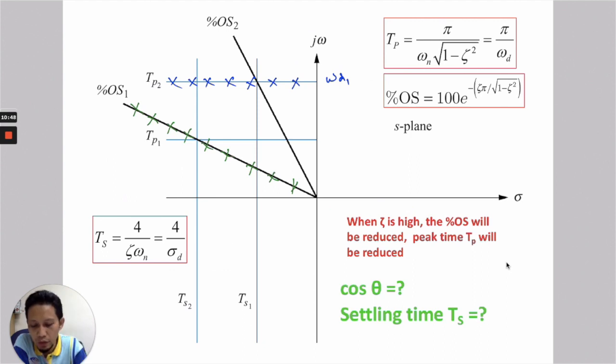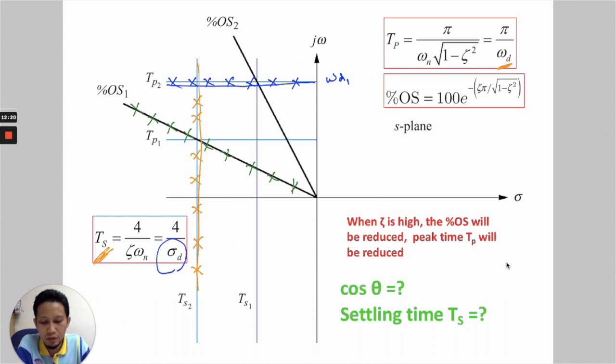And if we have poles that are located along these lines, we can say that all the poles here will have the same settling time. From here we can see that when zeta is high, the percentage overshoot will be reduced. So it is inversely proportional.